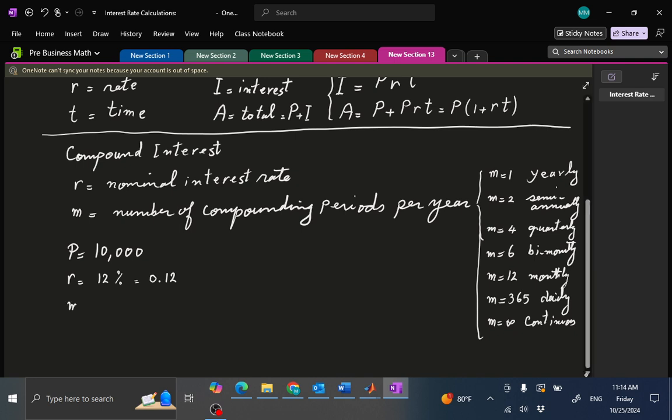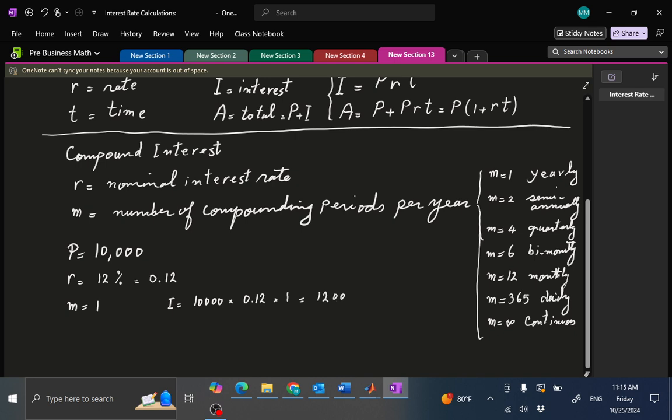Okay, if we were compounding once a year, what does that mean? It means you put your money, $10,000, and you come at the end of the year and the bank says the amount of interest we owe you is the amount of money you put times the rate of interest times the 1 year that you are leaving your money with us, and that becomes 1200.